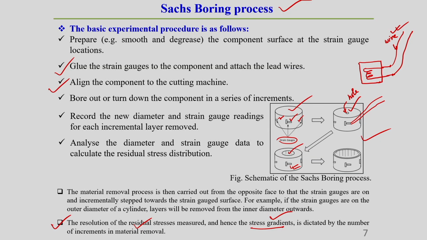If the strain gauge is on the outer diameter of the cylinder, then the layer will be removed from the inner diameter outward. This you should keep in mind. Once the strain gauge is placed outside of this specimen, we are generally increasing the diameter, that means in the outward direction.